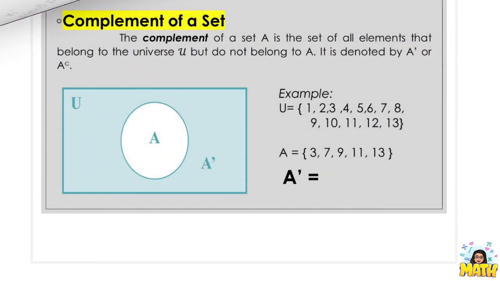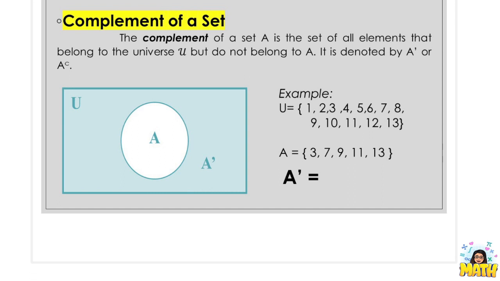And the last one is the complement of a set. Ito yung mga elements that belong to the universal set but do not belong to a given set. So for example, meron tayong given na set A. Kapag sinabing complement, ano daw ang mga elements na hindi kasama kay set A pero nasa universal set pa rin?